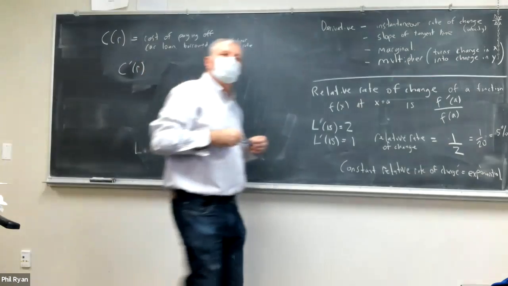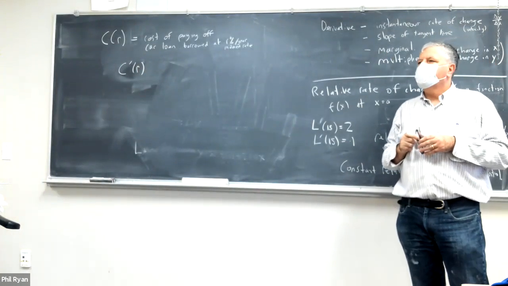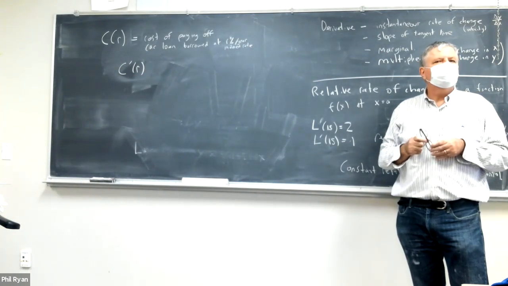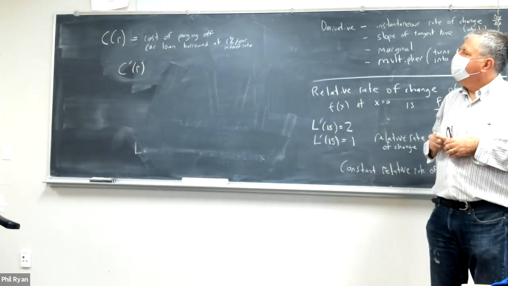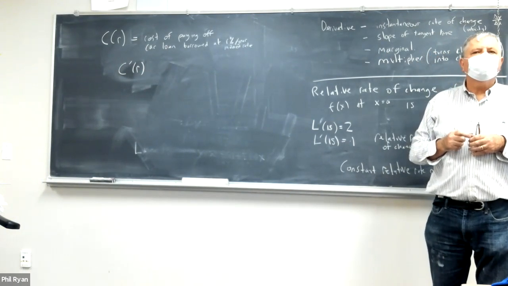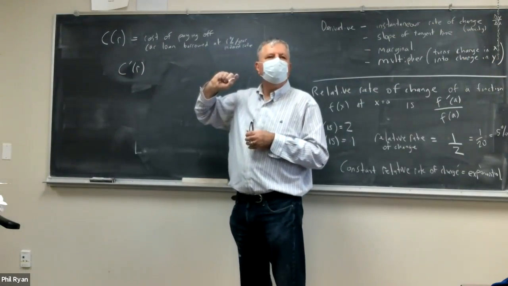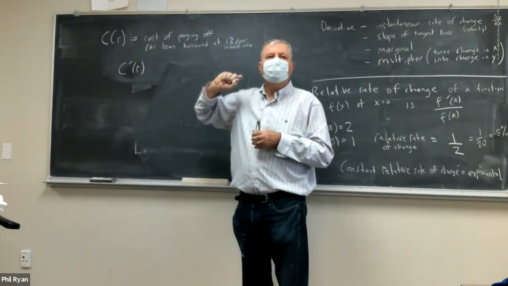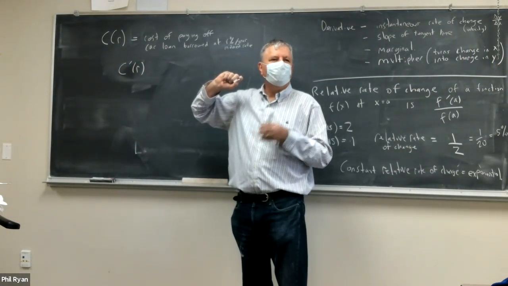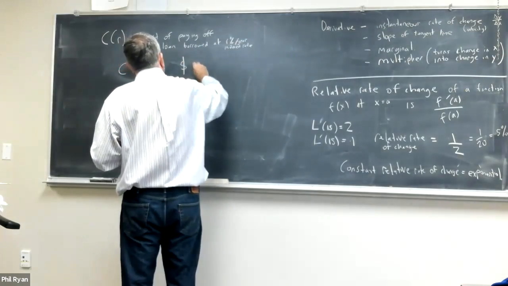What are the units of the derivative of C of R? So what's the units of C? How do you usually pay off things? Dollar sign. Yeah, it's dollars per what?